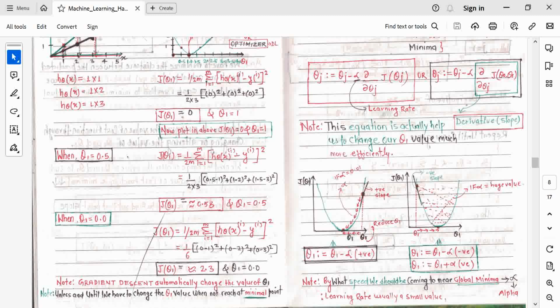And this alpha is known as the learning rate. This equation actually helps us to change our theta value much more efficiently to find the best fit line by calculating the cost function in linear regression, and this is called the derivative, the slope.